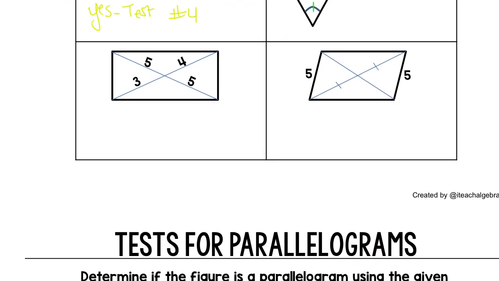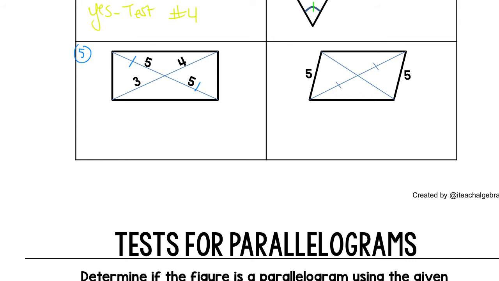Two more. All right, number five. We've got this figure. Let's look at this diagonal first. This one has a length of 5, then this one has a length of 5. So that means that this diagonal has been bisected.